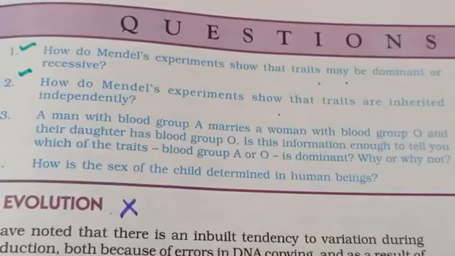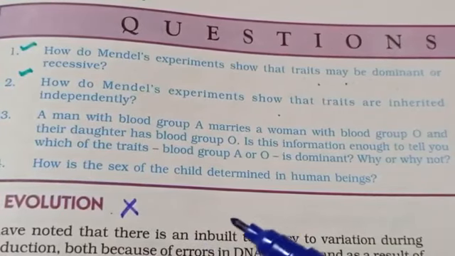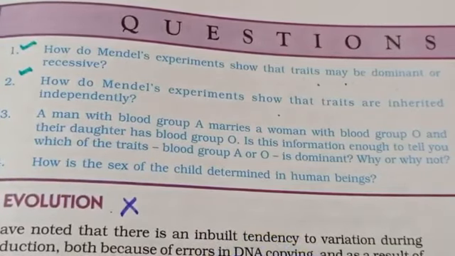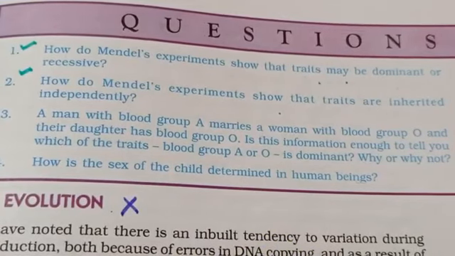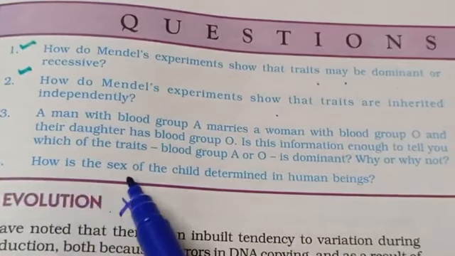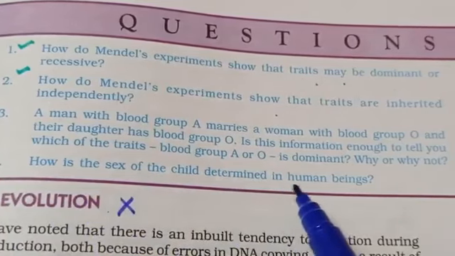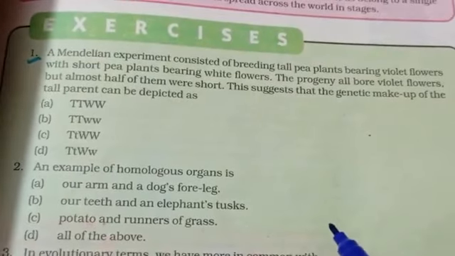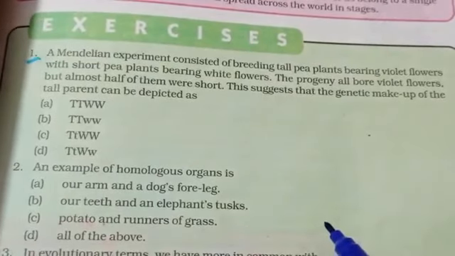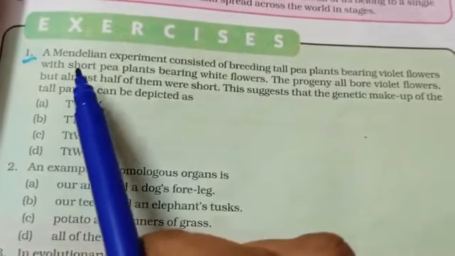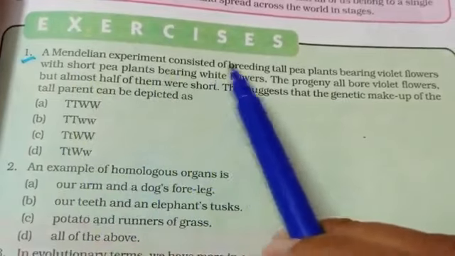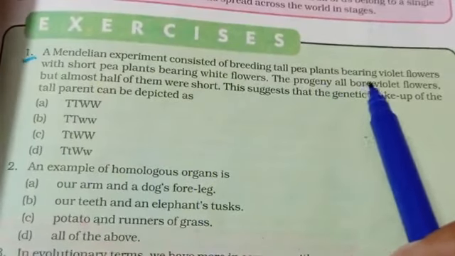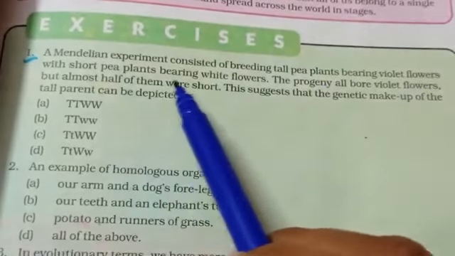So children, your first question of today's homework will be the in-text question number 4 of page number 147. That is, how is the sex of a child determined in human beings? The second question of your homework will be exercise question 1. That is, a Mendelian experiment consisted of breeding tall pea plants bearing violet flowers with short pea plants bearing white flowers.